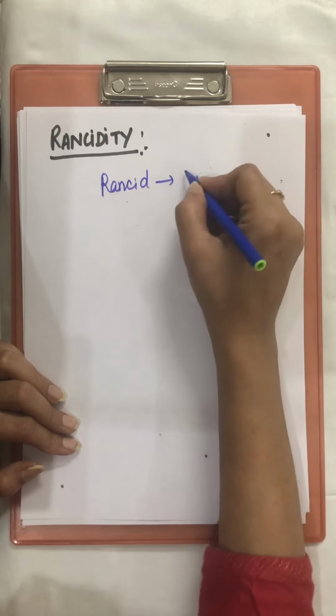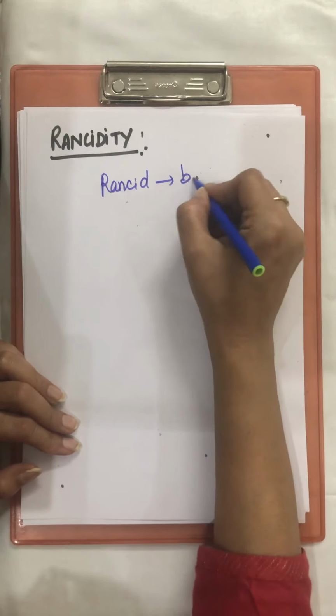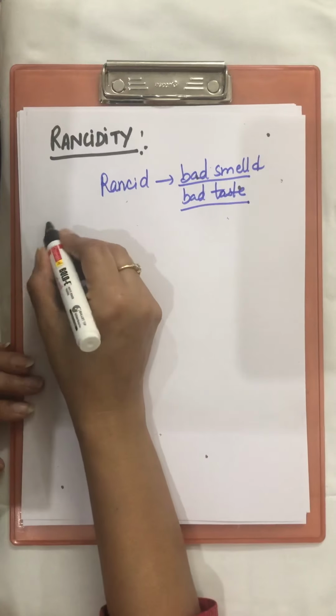Rancid means there is a bad smell and bad taste in that food, because the food has undergone oxidation, it has reacted with oxygen. This phenomenon is known as rancidity.